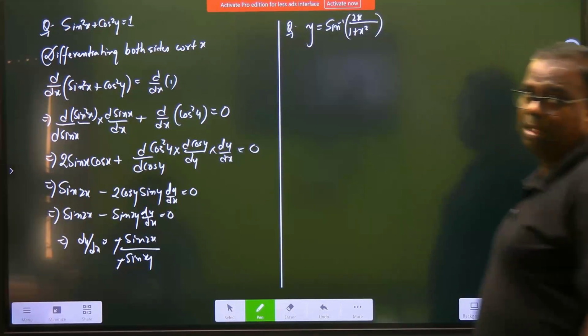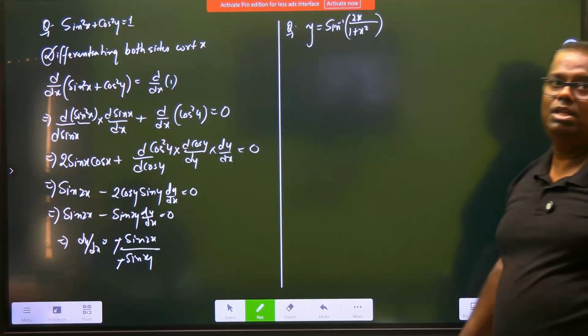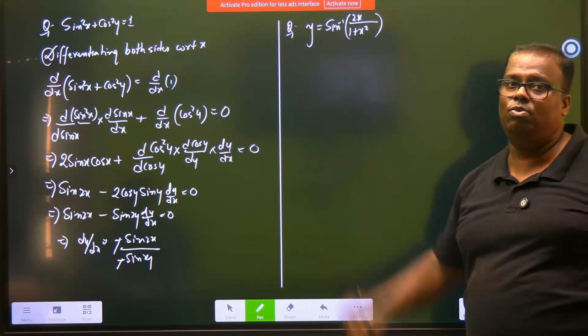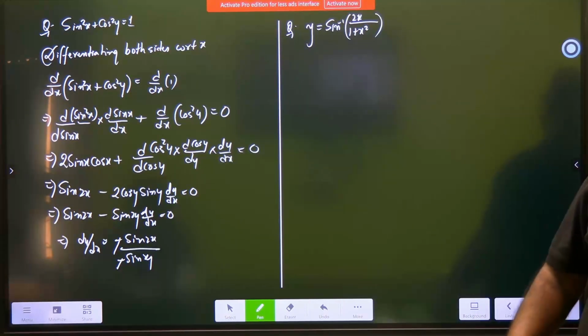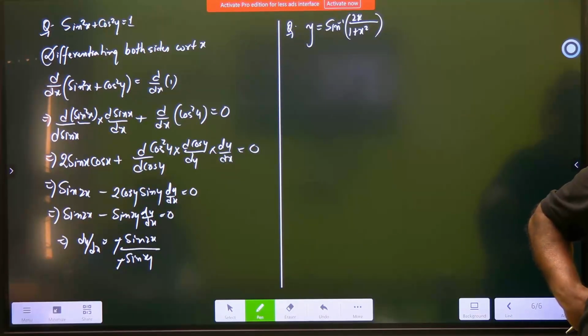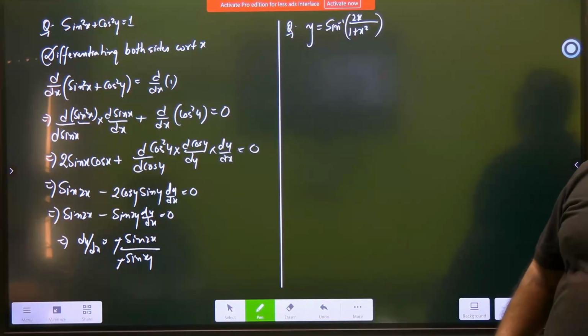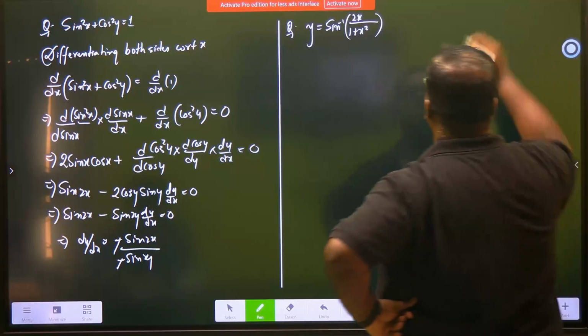Now look children, how to do this problem? You first identify what is inside the inverse. That inside, you try to see if it is the differential of some trigonometric function. If you look at 1 plus x square, it comes in the differentiation of tan inverse x.